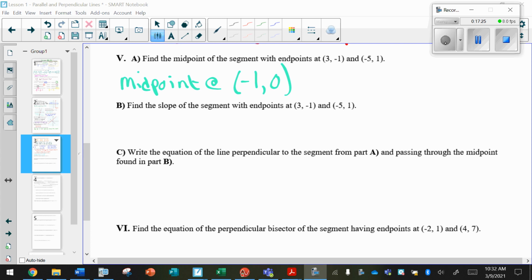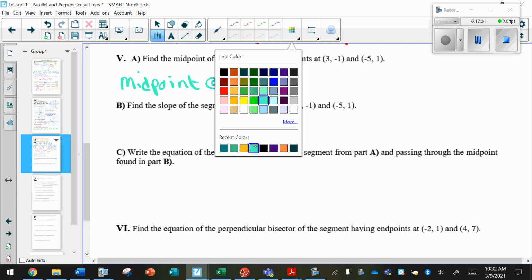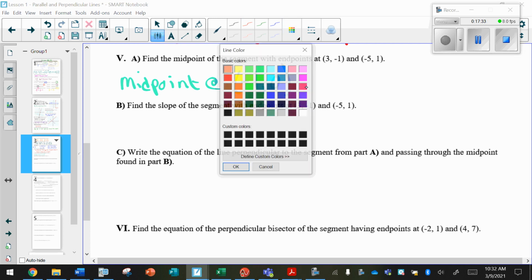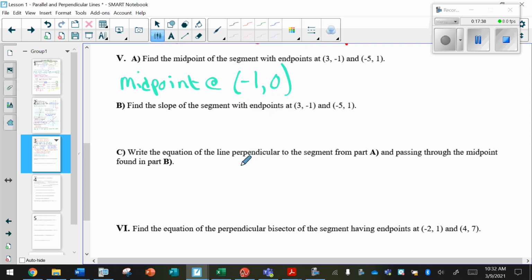So after doing the correct work, you should have a midpoint of (-1, 0). The slope of the given line is -1/4, so that your perpendicular slope will be 4. And our midpoint was (-1, 0).